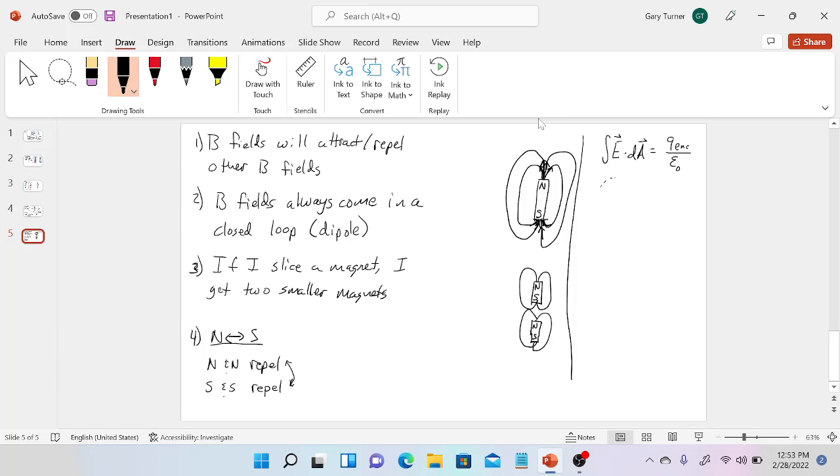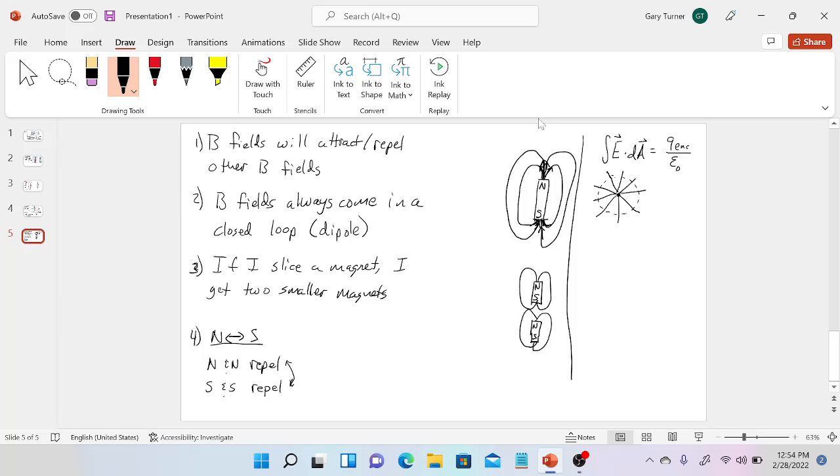And so if I had a Gaussian surface that enclosed a charge, that charge put out an electric field, and that field created a flux through that surface.